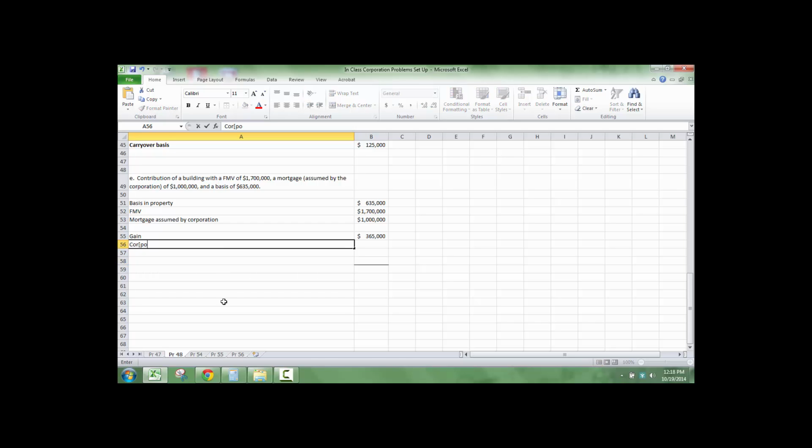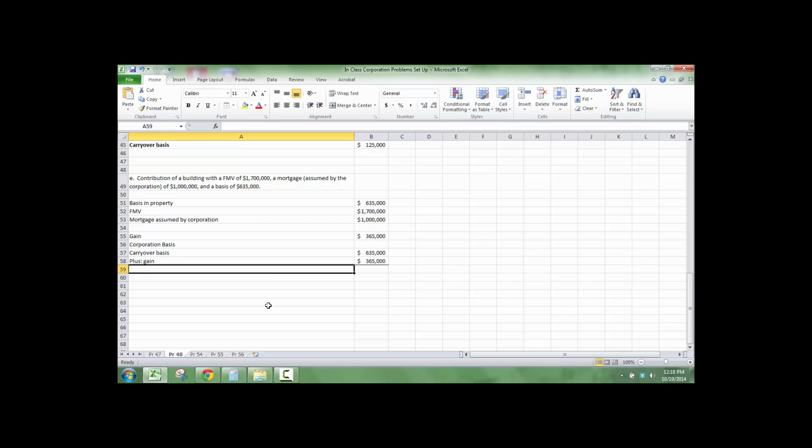So the corporate basis equals carryover basis, which is the basis in the property, plus gain, which is the sum of these two numbers. So this is how you would calculate inside basis, and the earlier problem was outside basis for a corporation.